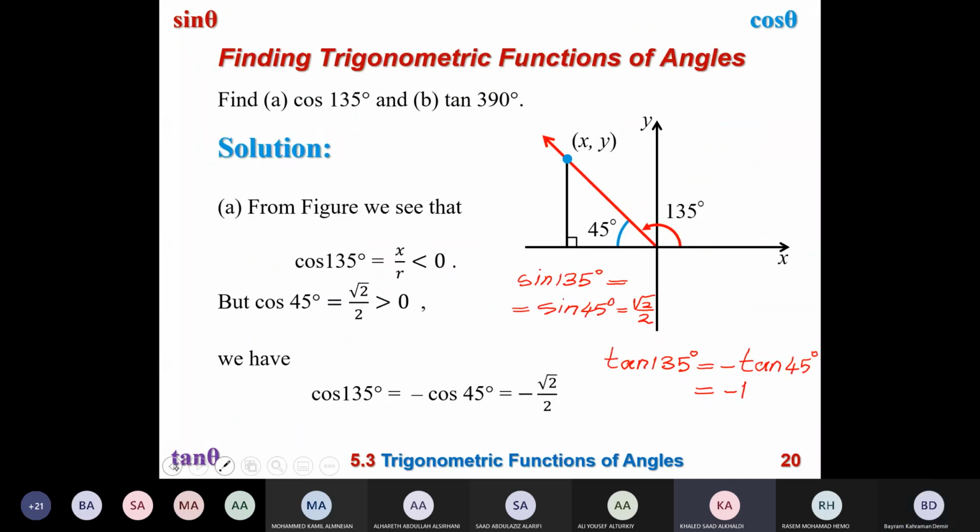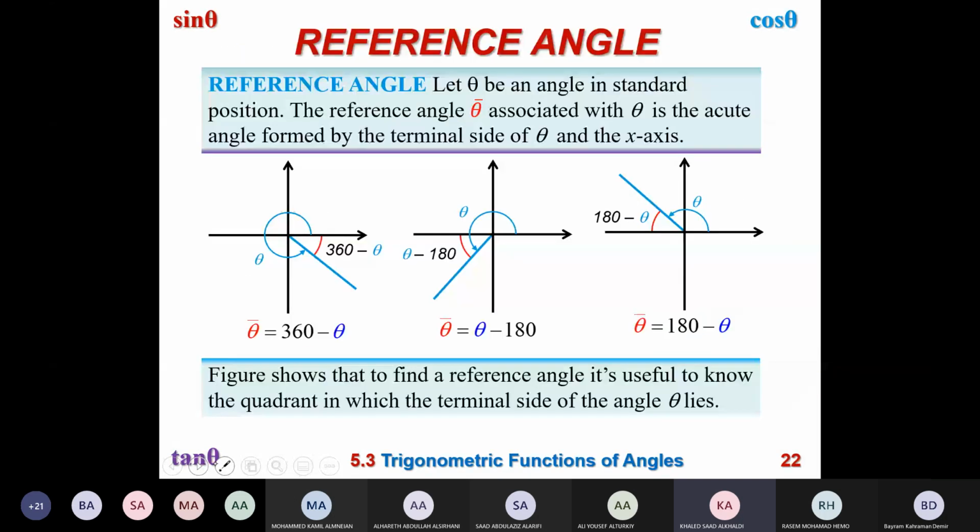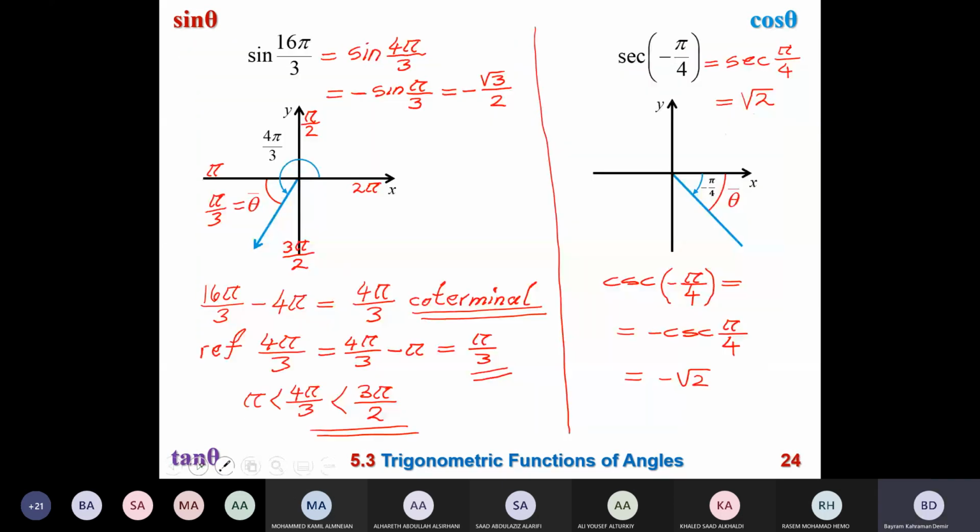If you have a positive angle in the fourth quadrant, like this picture, please memorize the picture at least, then subtract: 360 minus theta. But in the negative angle case, if you have a picture like this, please remove the negative sign.